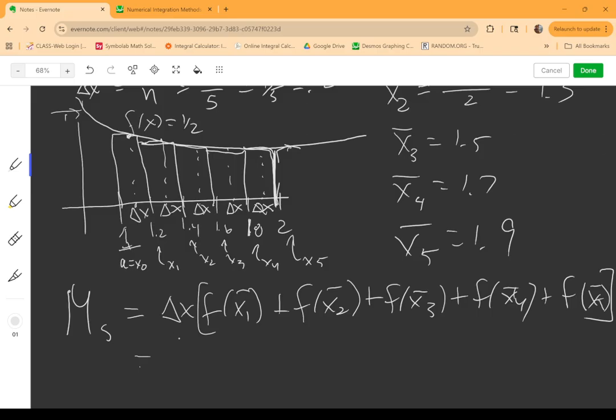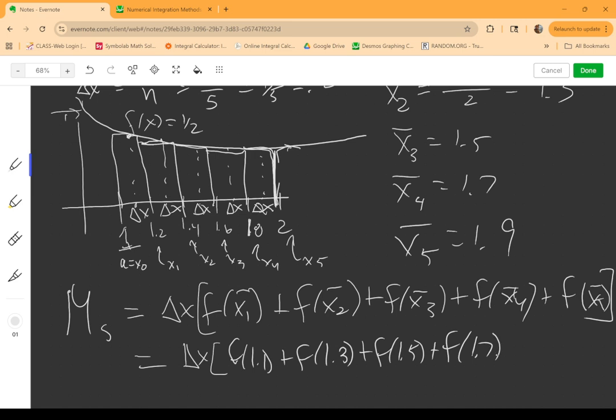Which is why it's factored here. And the heights are these function values. So delta x times f of 1.1 plus f of 1.3, plus f of 1.5, f of 1.7, f of 1.9. All right, and delta x being 0.2. Okay. And then we plug this into our calculator to get a result.